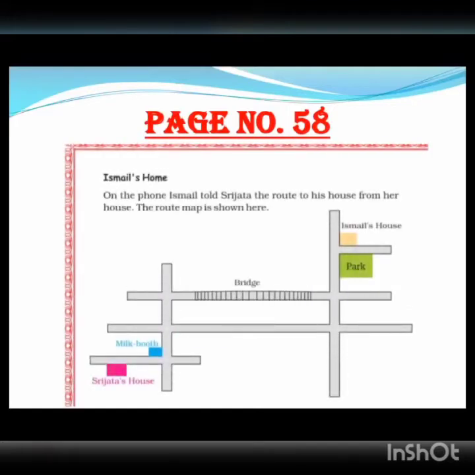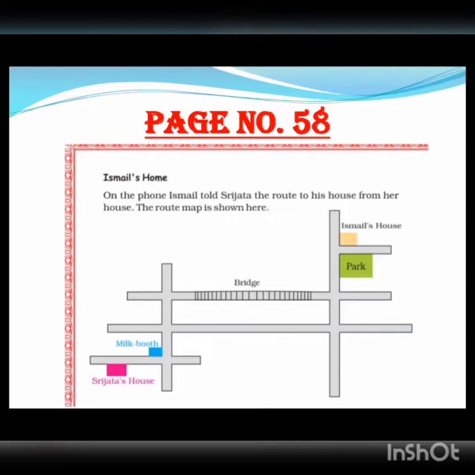Now refer page number 58. Ismail's home. On the phone, Ismail told Srijata the route to his house from her house.